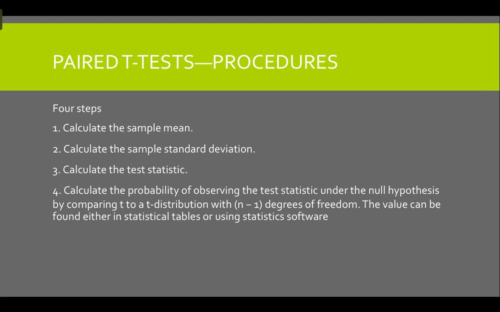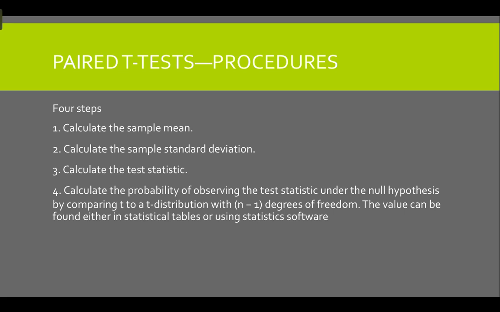If you want to calculate a paired t-test yourself, there are 4 steps. 1. Calculate the sample mean. 2. Calculate the sample standard deviation. 3. Calculate the test statistic. 4.